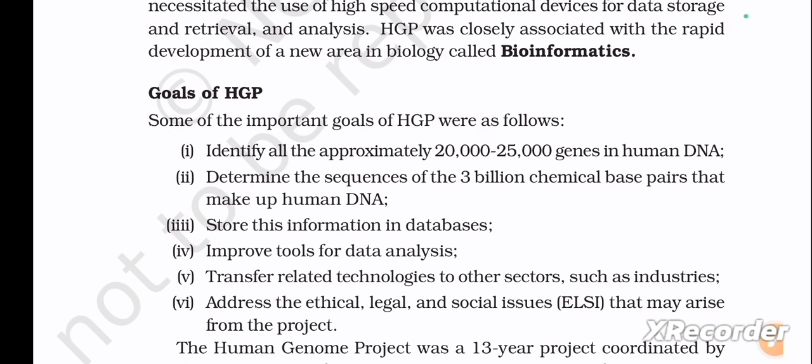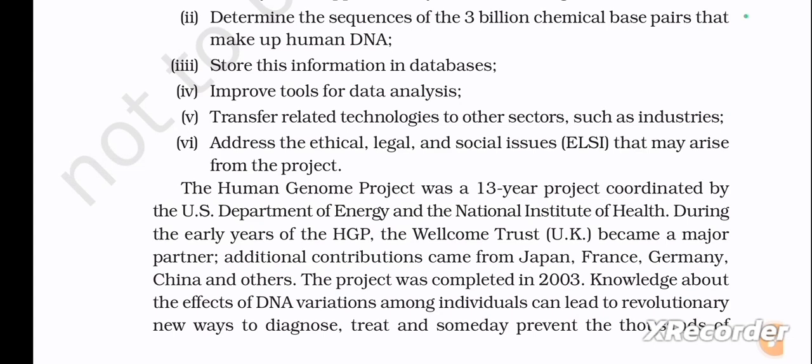Third, store this information in databases. Fourth point, improve tools for data analysis. Fifth point, transfer related technologies to other sectors such as industries. Next, sixth point, address the ethical, legal, and social issues (ELSI) that may arise from the project.